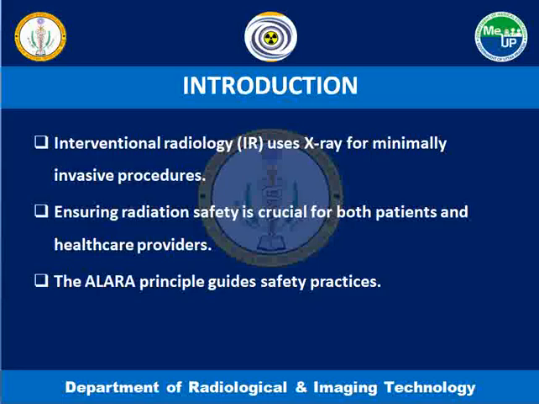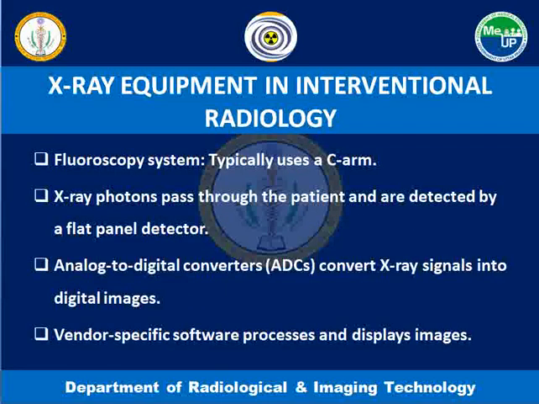X-ray equipment in interventional radiology. A fluoroscopy system, commonly utilizing a C-arm, plays a crucial role in real-time imaging during interventional procedures. In this system, X-ray photons generated by the X-ray tube pass through the patient's body, with varying degrees of absorption depending on tissue density.